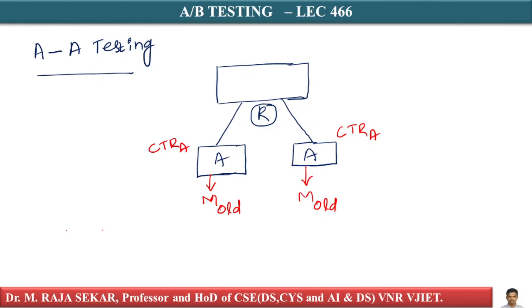These two CTRs need not always be the same, because you randomized your data, isn't it? The data that you have seen here is slightly different from this particular data.